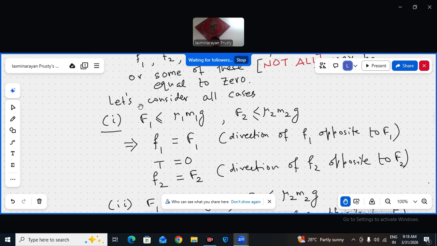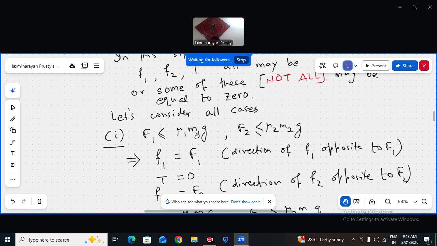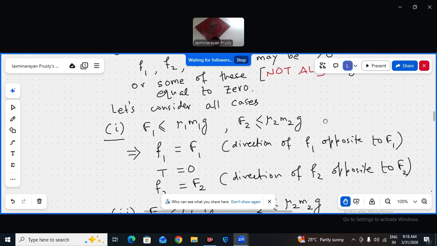1, let us consider all the sub cases. 1, F1 less than or equal to maximum friction force on the block 1, and F2 also less than or equal to maximum friction force on the block 2.